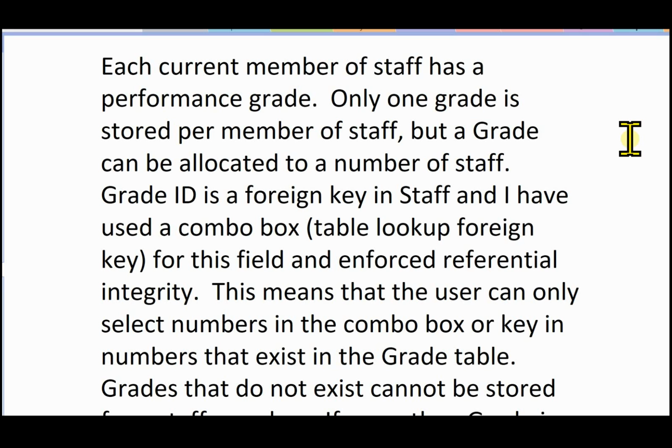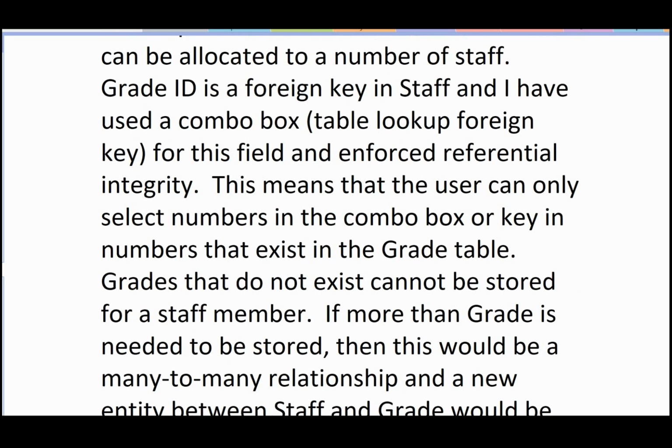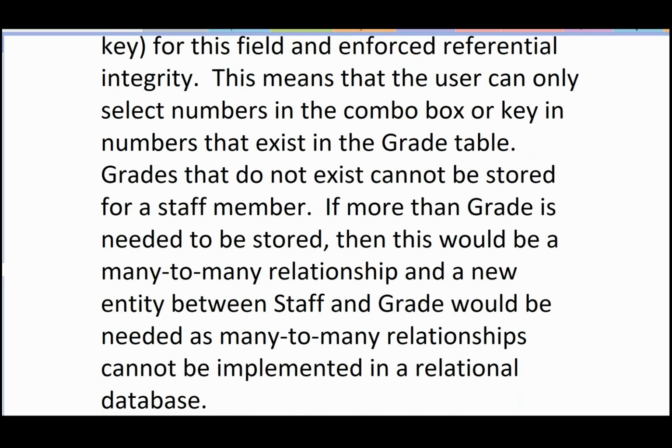Grade ID is a foreign key in staff, and I have used a combo box table lookup foreign key for this field and enforce referential integrity. This means that the user can only select numbers in the combo box or key numbers that exist in the grade table. Grades that do not exist cannot be stored for a staff member.